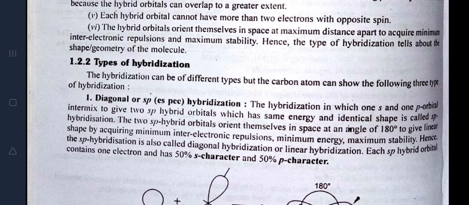The two sp hybrid orbitals orient themselves in space at an angle of 180 degrees to give a linear shape by acquiring minimum interelectronic repulsion, minimum energy and maximum stability. Hence, sp hybridization is also called diagonal hybridization or linear hybridization. Each sp hybrid orbital contains one electron and has 50% s character and 50% p character.